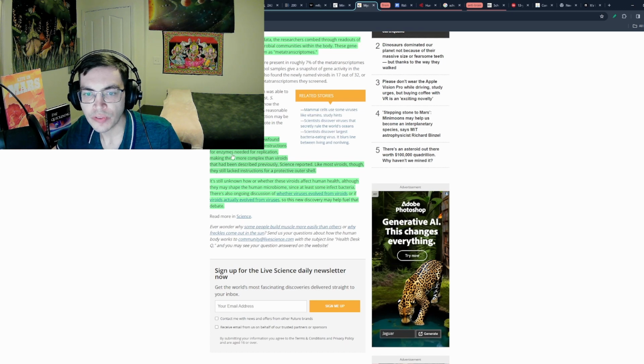Interestingly, some of the newfound obelisks seem to contain instructions for enzymes needed for replication, making them more complex than viroids. They had been described previously, since Science reported. Like most viroids, though, they still lacked instructions for a protective outer shell. It's still unknown, however, whether these viroids affect human health, although they may help shape the human microbiome, since at least some of these infect bacteria that are within the gut.